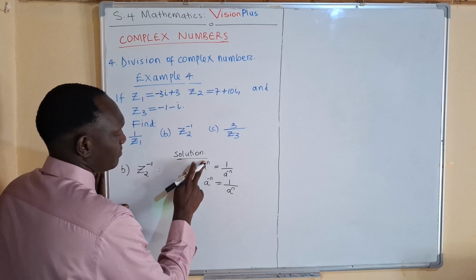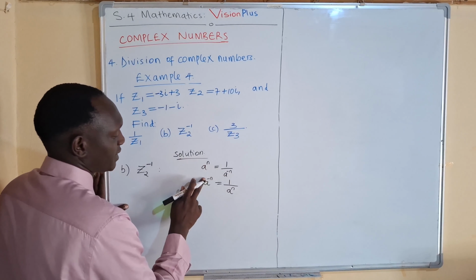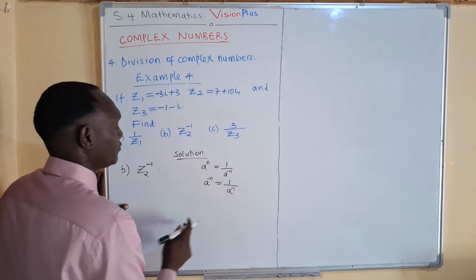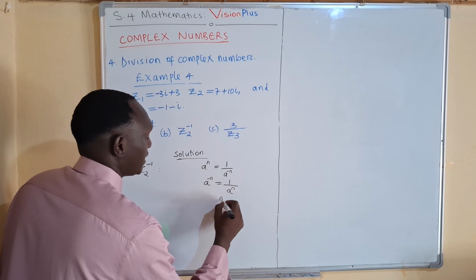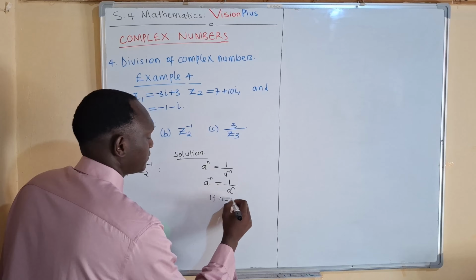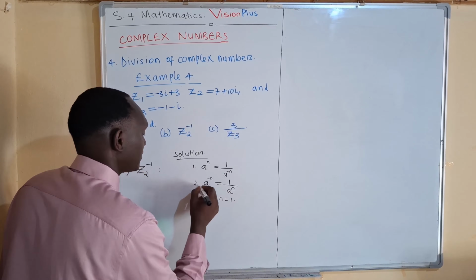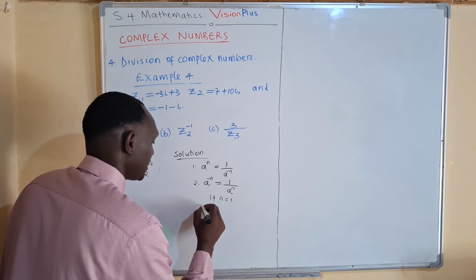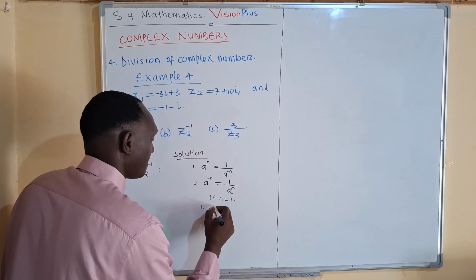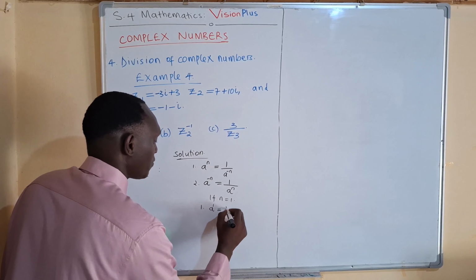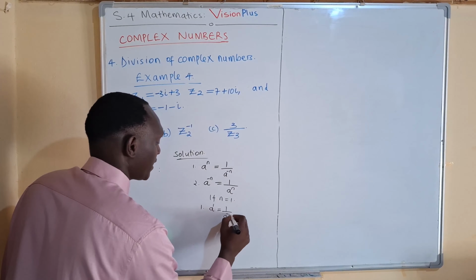From here it changed from positive to negative. From here it was negative, it has changed to positive. So assuming n is 1, case 1 becomes: a power 1 is the same as 1 out of a power negative 1.